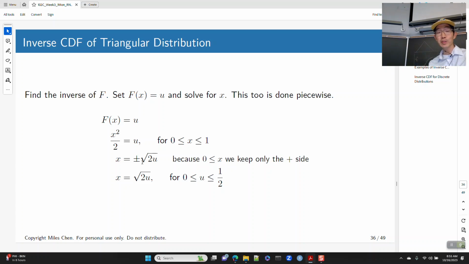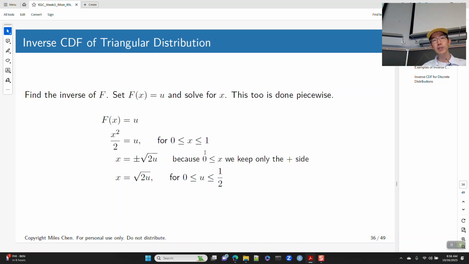We multiply both sides by 2, so x squared is equal to 2u, and solving for x, we get plus or minus the square root of 2u. You have to actually pause, and you can't just automatically take the positive side or the negative side. You have to think: what values can x be in this case? In our case, x is a positive number, so we take the positive side.